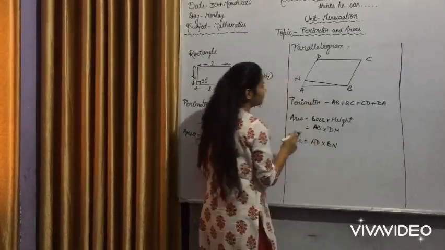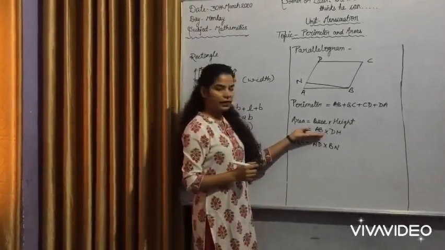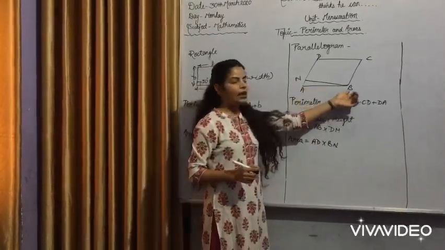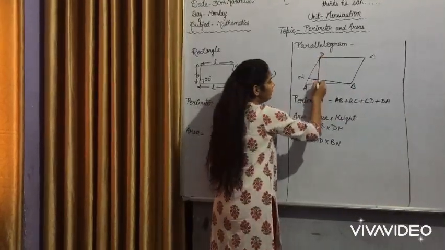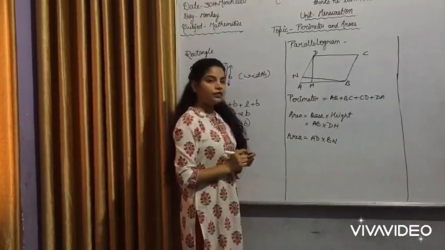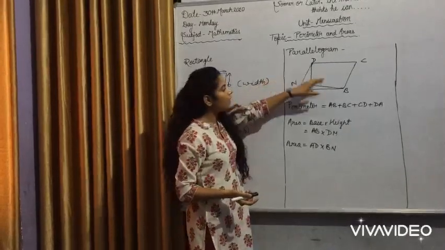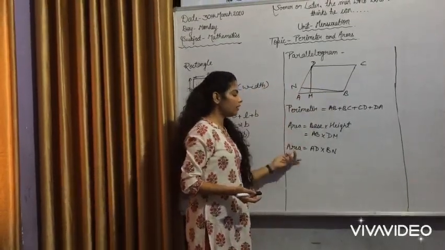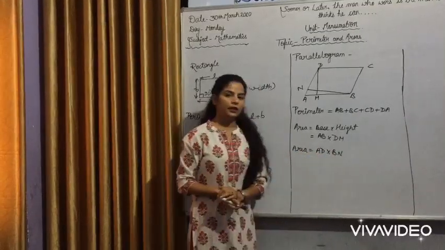Why so? Because now our base is changed. Earlier we had taken AB as the base. When AB was the base, DM was the height. But when we change our base, that is we are taking AD as the base, our height becomes BN. So area can also be taken out by AD multiplied by BN.